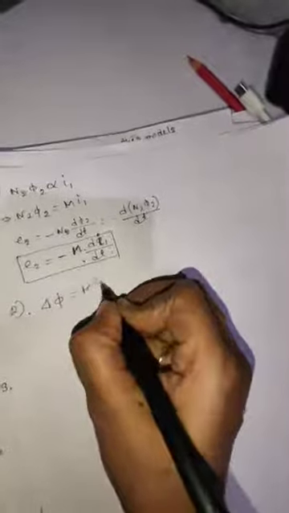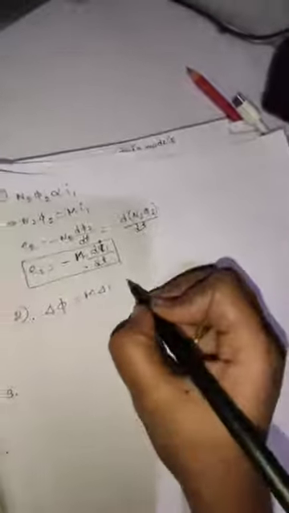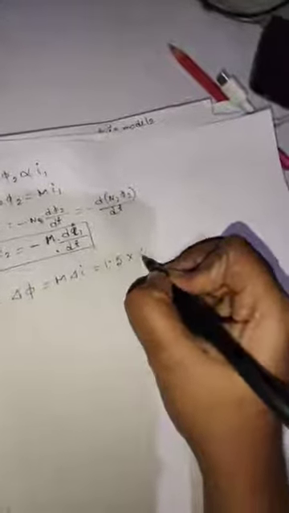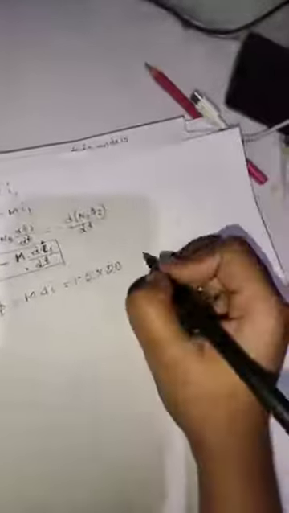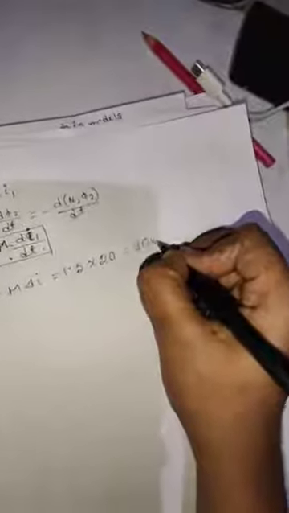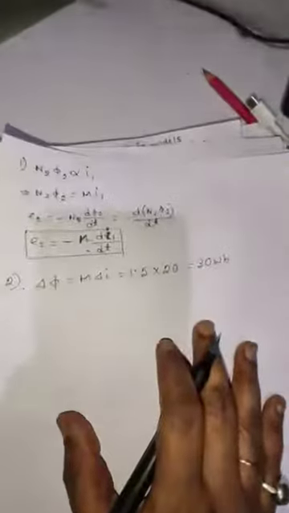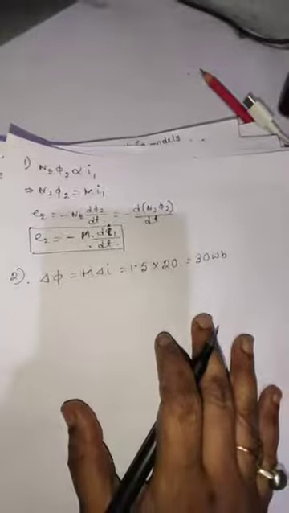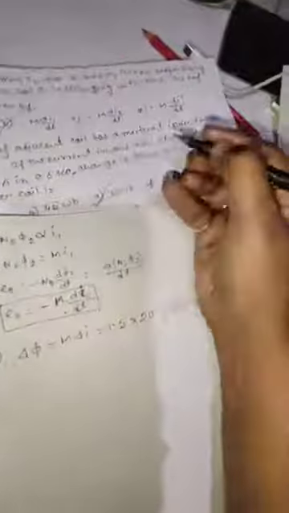So let us do it. The change in flux, del phi, is the mutual inductance already given, that is 1.5, times the change of current, 20. So therefore the answer is 30 Weber. Hopefully it is clear to all. So option C is correct.